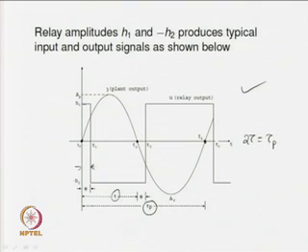So, 2 tau is not becoming tau p, or I can say that tau is not equal to tau p minus tau. That implies that we are getting an output signal which has different half periods. The spans of the half periods are not equal.